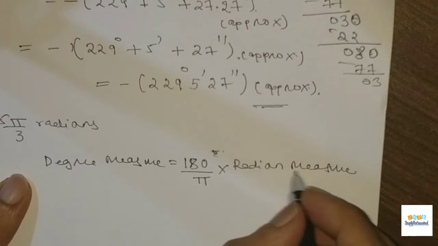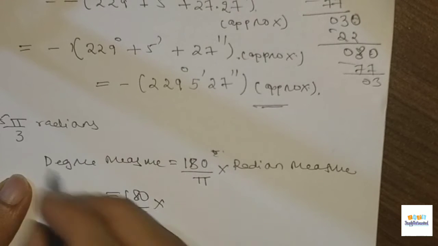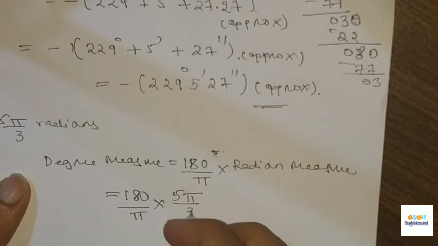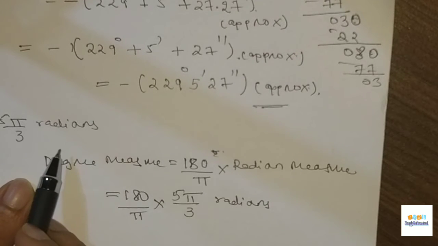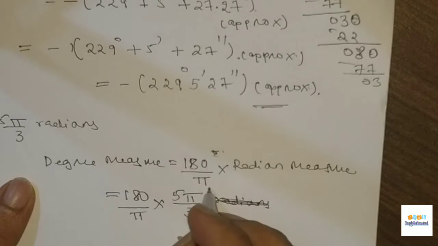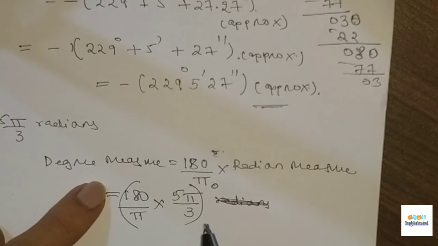So 180 by pi into the radian measure, which is 5 pi by 3. This is in degrees, we have to find the degree measure.